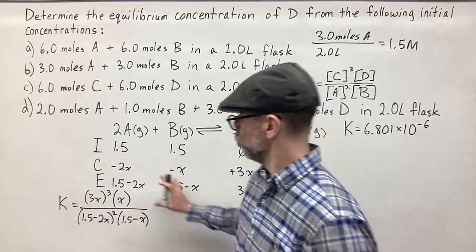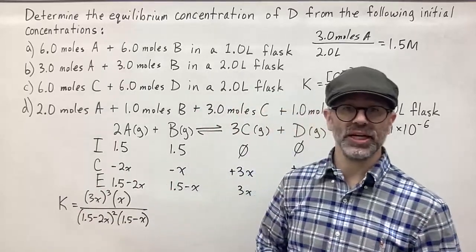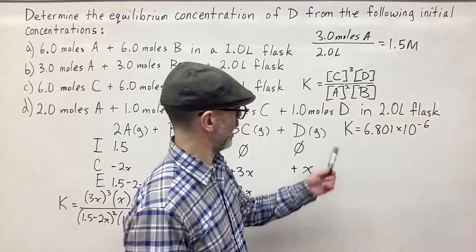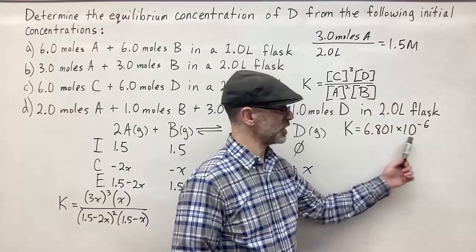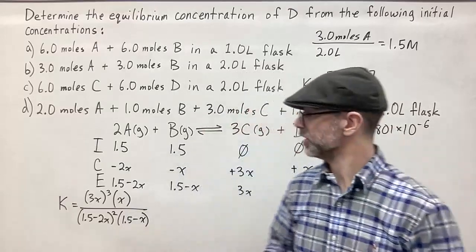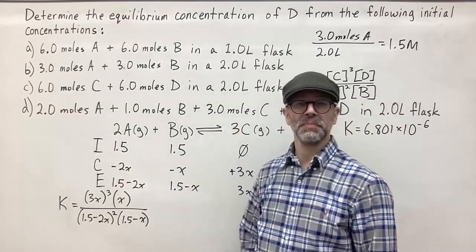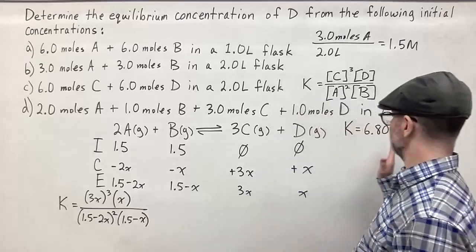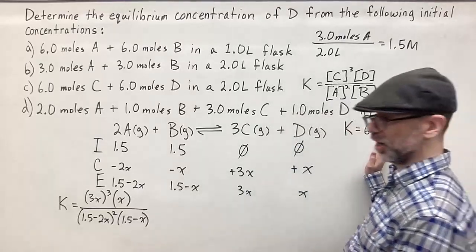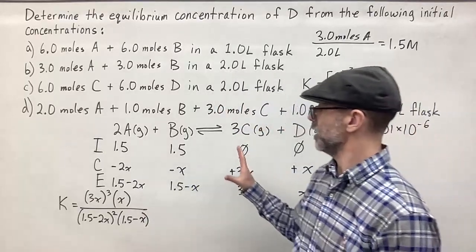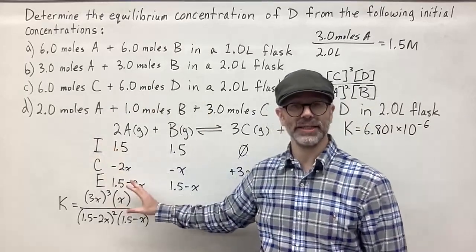So now we can work to simplify this. We can assume that x is small again for the same reasons as we mentioned before, that the K value here is very small compared to the molarity and concentration of our reactants. This small K value indicates that the reactants are highly favored.